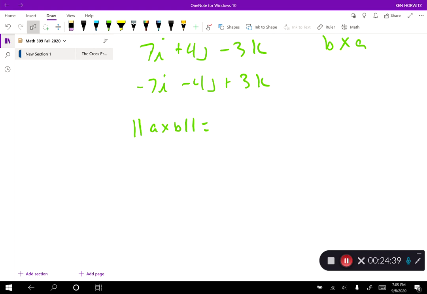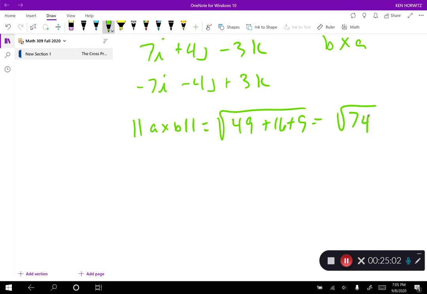All right, so we're going to take our components, square them, add them, and square root them. So there's my square root: 7 squared is 49, plus 16, plus 9, which equals the square root of 74.